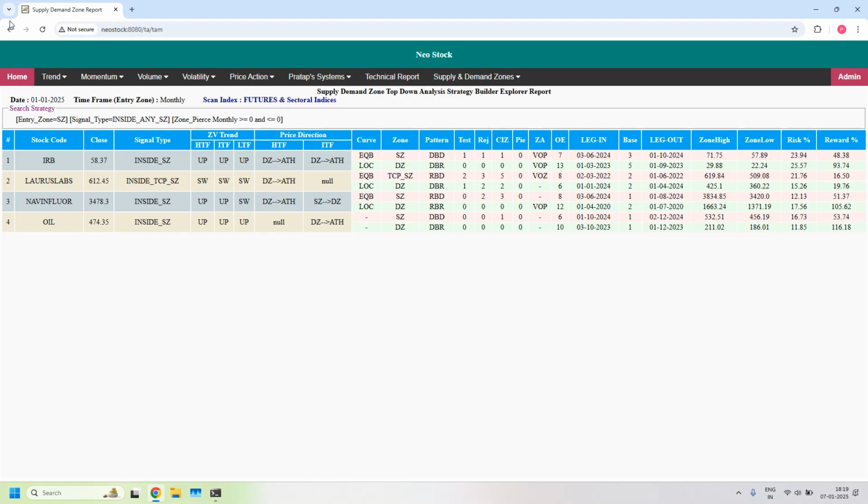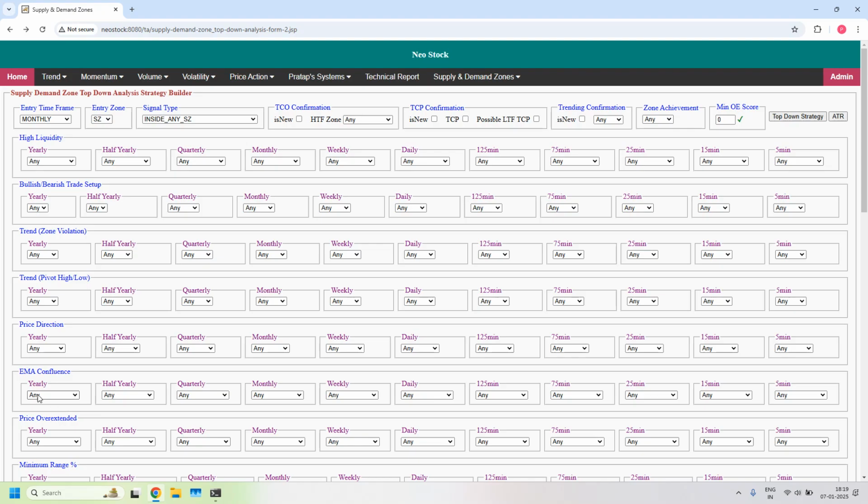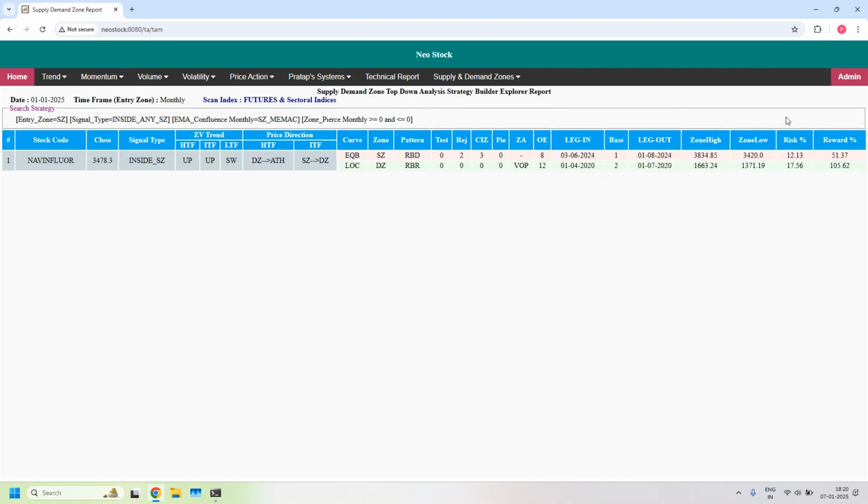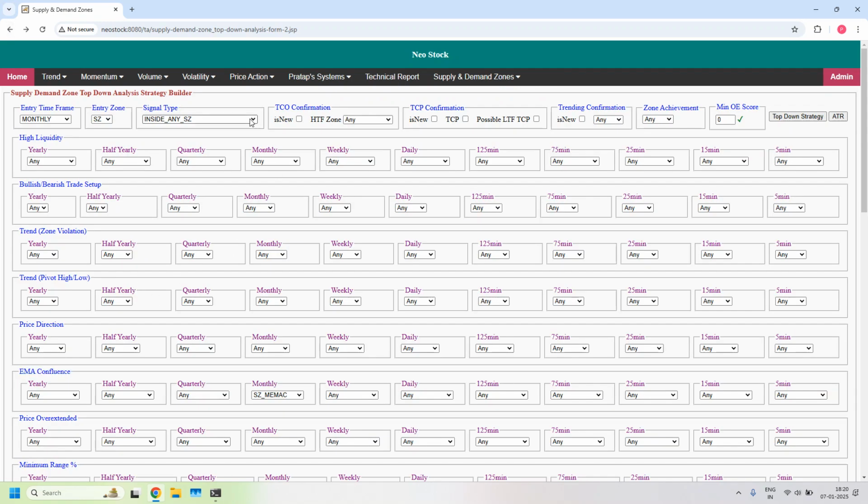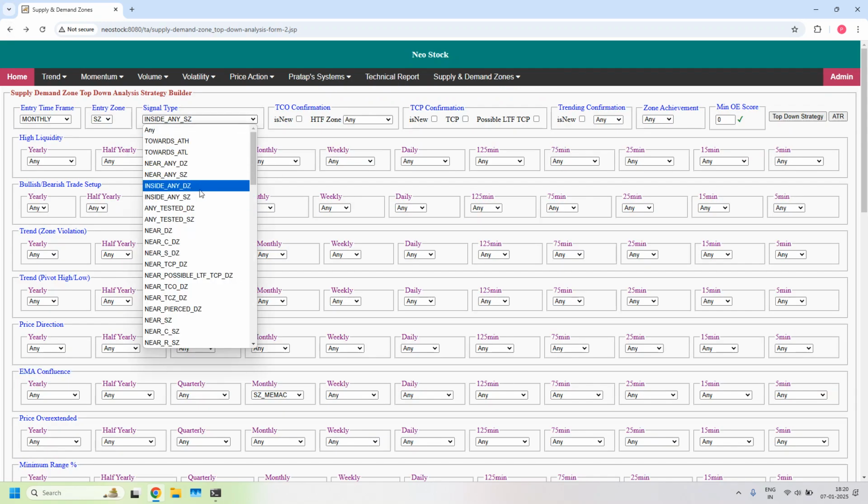Let's verify whether any of these monthly supply zones are having EMA Confluence. So monthly time frame, supply zones with monthly EMA Confluence. One stock is filtered, but it is in a sideways trend. I think previously for demand zones also we didn't filter based on EMA. So let me generate monthly demand zones once again.